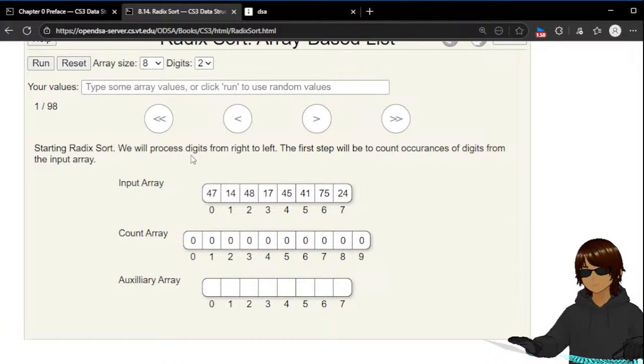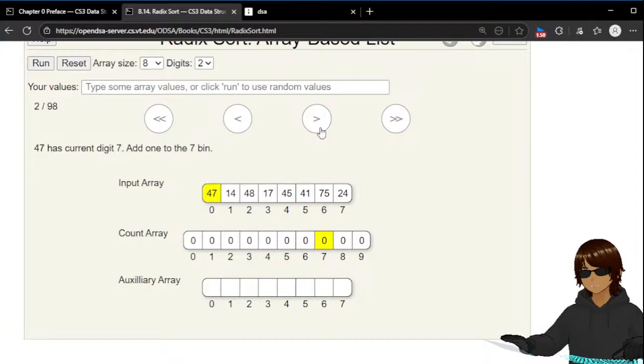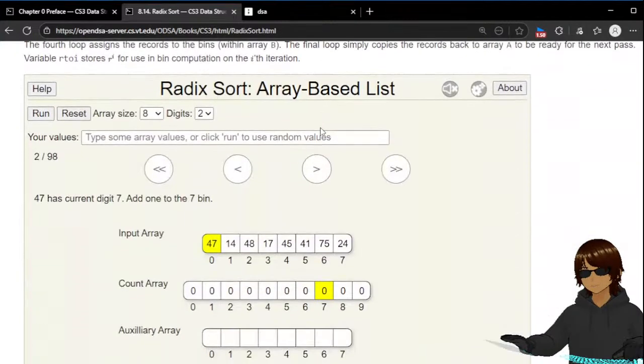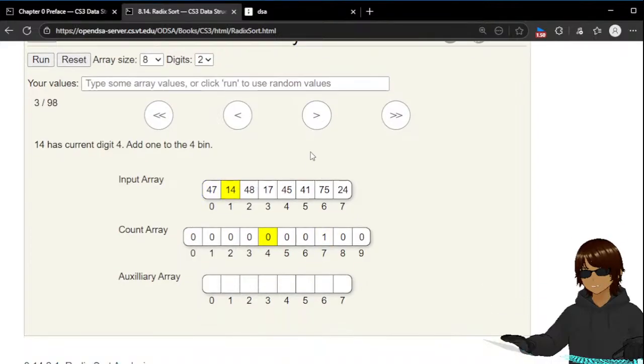Starting radix sort, we process the digits from right to left. The first step will be to count the occurrences of digits from the input array. So with the last digit, it's 7, 4, 8.